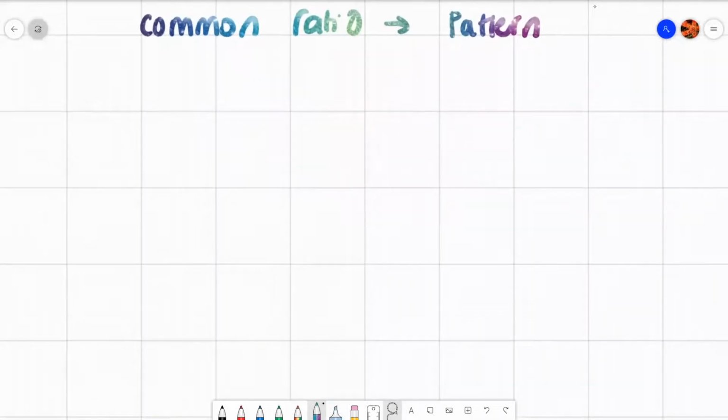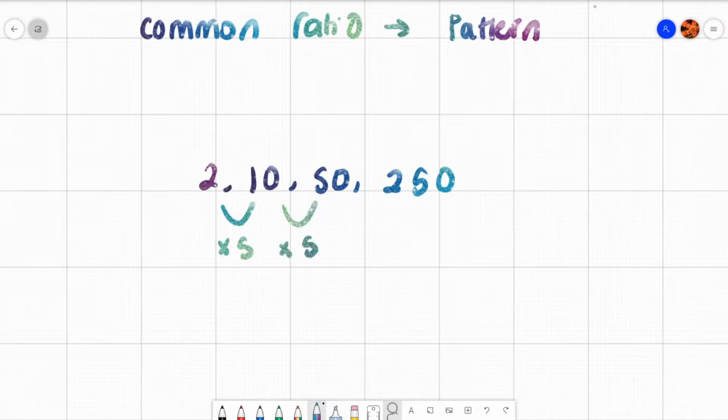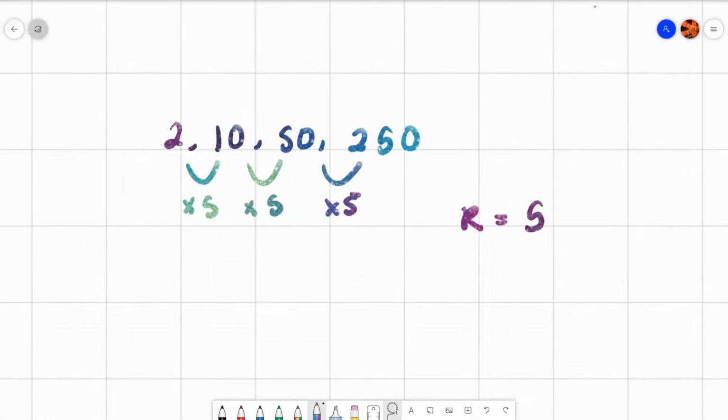Okay, so for example, we started off at the top with 2, 10, 50 and 250. What were you doing? You were timesing by 5 to get from one term to the other term. So your common ratio, which is r, is 5. Okay, or obviously lowercase as well if you want. So the ratio is 5 for you.